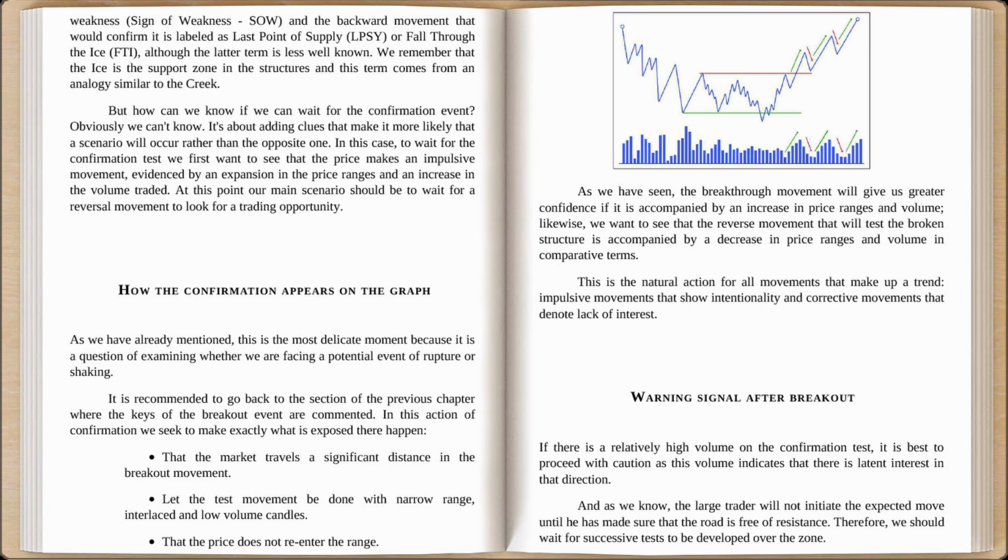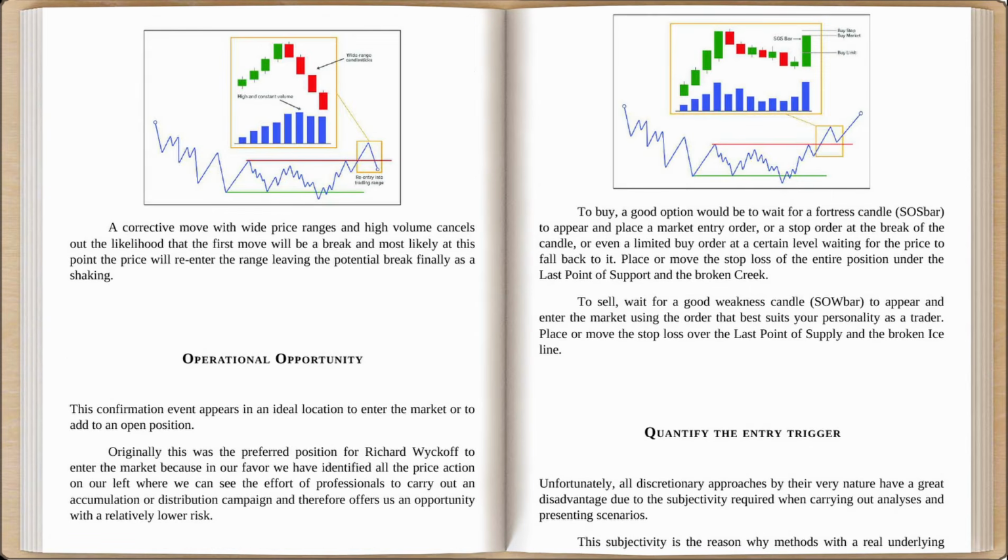Therefore, we should wait for successive tests to be developed over the zone. A corrective move with wide price ranges and high volume cancels out the likelihood that the first move will be a break, and most likely at this point, the price will re-enter the range, leaving the potential break finally as a shaking. Operational opportunity.